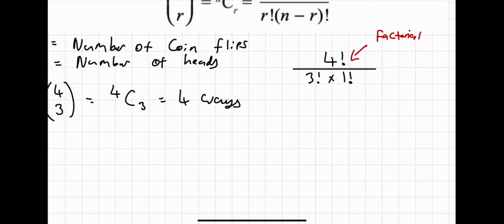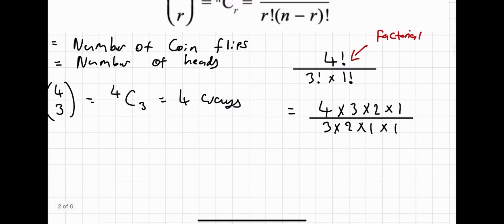So this would be 4 times 3 times 2 times 1. On the bottom you have 3 factorial, which is 3 times 2 times 1, and then 1 factorial, which is just 1. Now you can cross out everything.